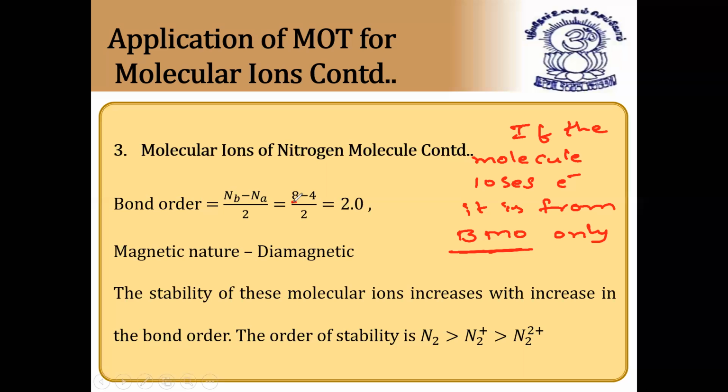So that's why here we got 8. Actually, we have 10 bonding electrons in the nitrogen molecule, but here we have only 8 because of N2 2 plus, and the 2 electrons are removed from bonding only, not from anti-bonding. This you have to understand.